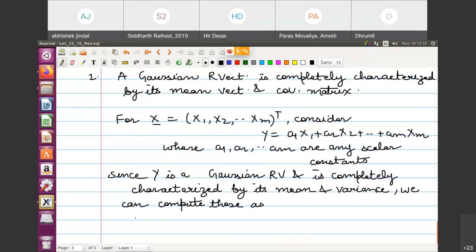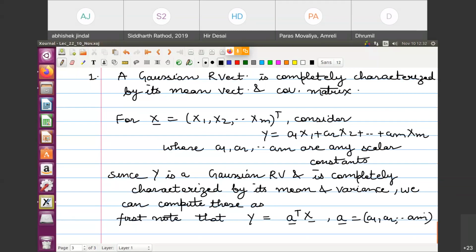First, let us note that y can be written as A transpose x bar, where A bar is a row vector.